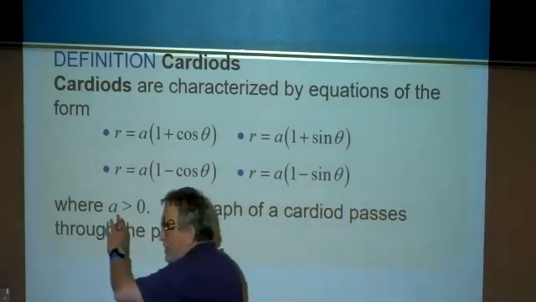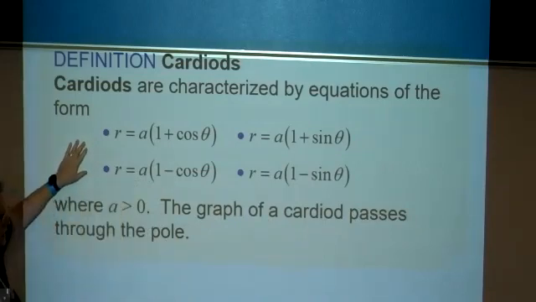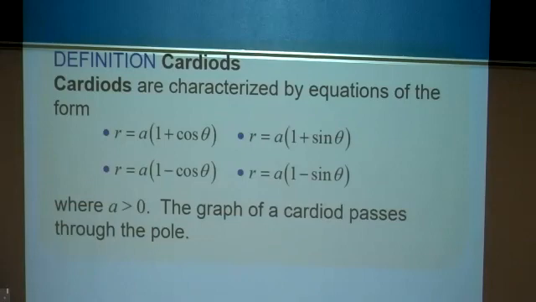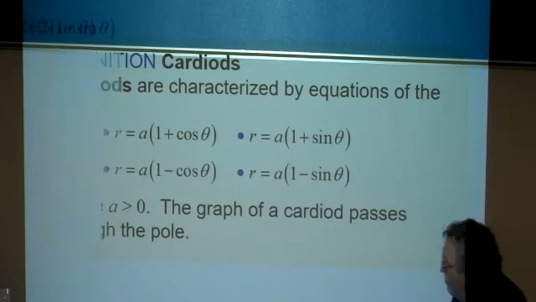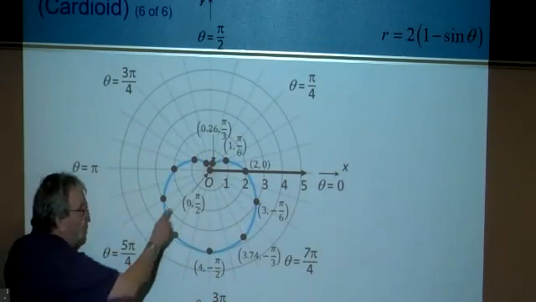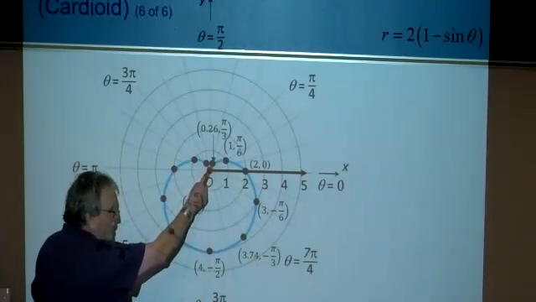When the function you're given is written like one of these forms, it will look like some form of this, where the point of the heart shape is on the pole.